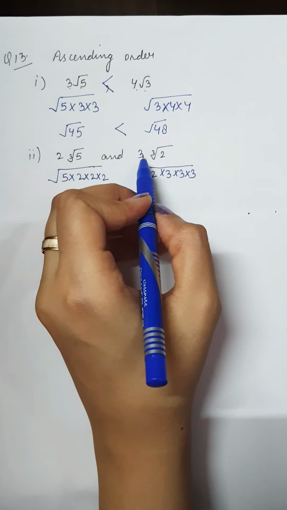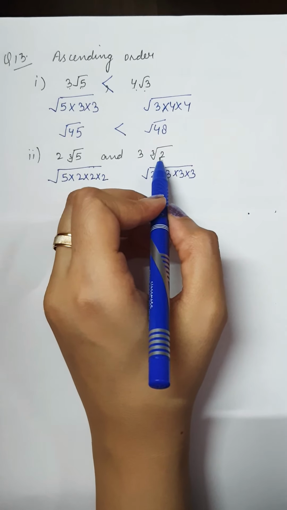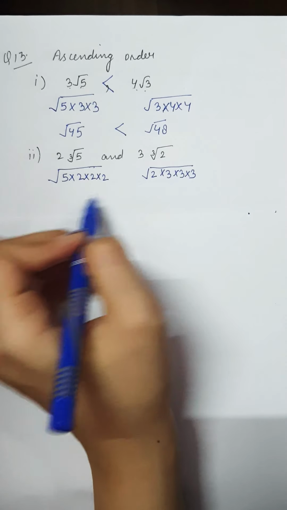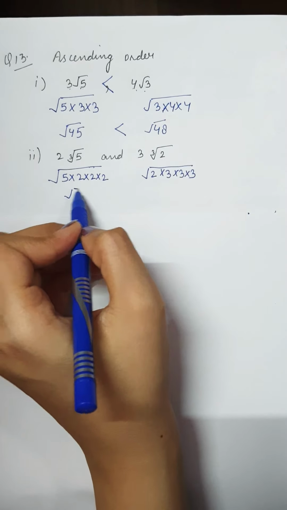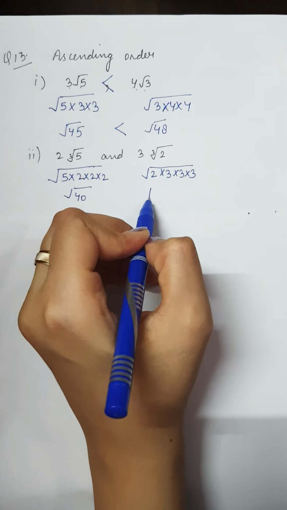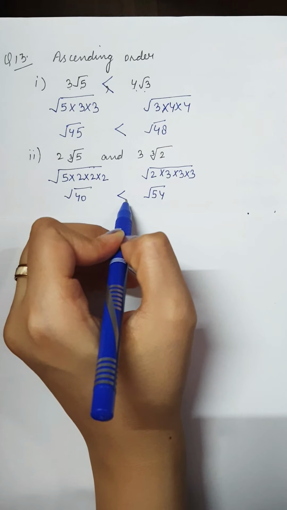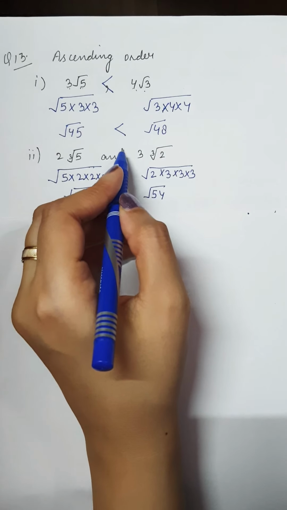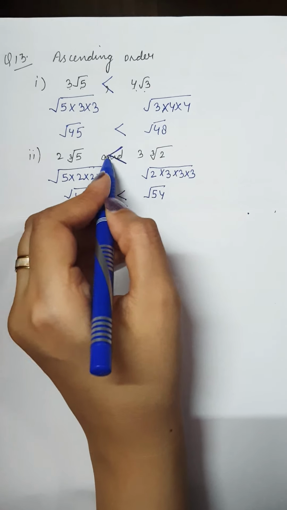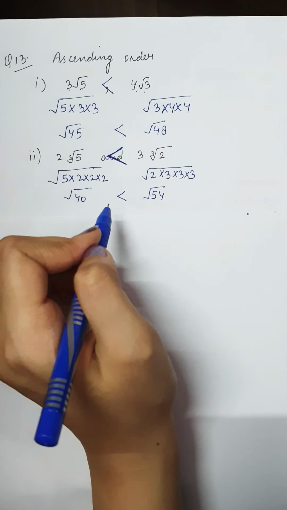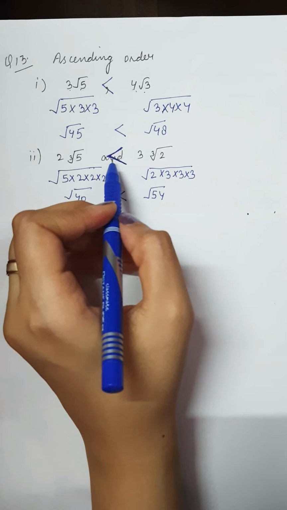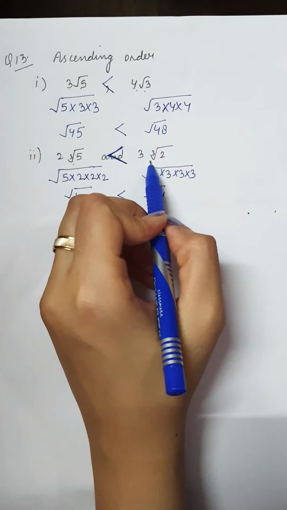The number outside, when it enters inside the cube root, will be written 3 times. So this is under root 40 and this is under root 54. This number is greater. No doubt. So ascending order means smallest to greatest.